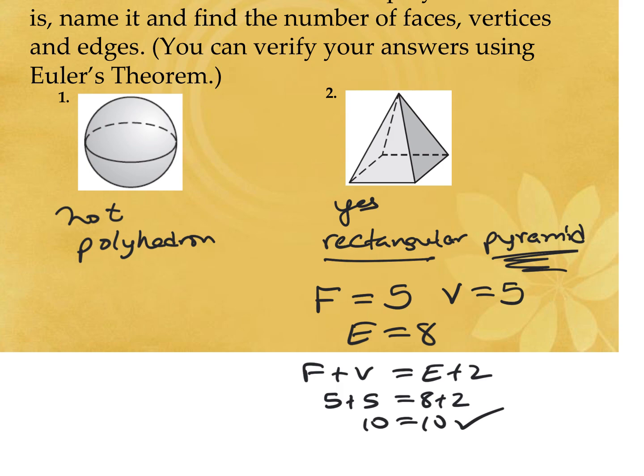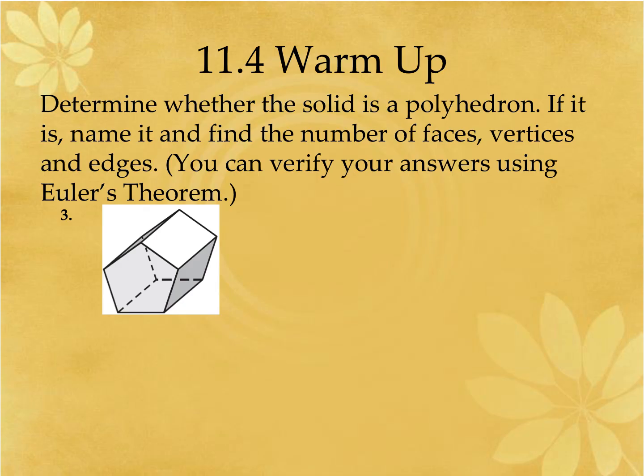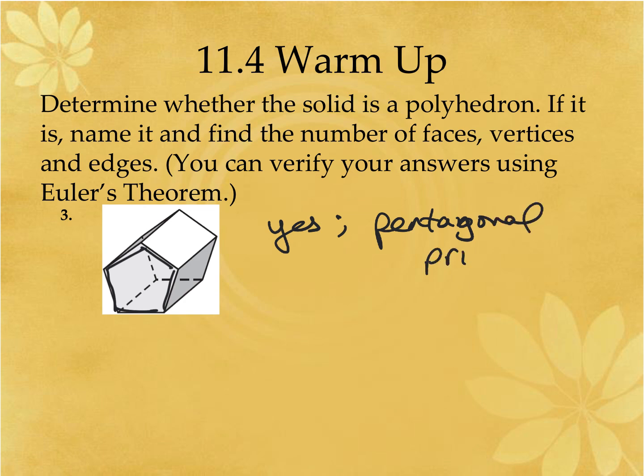And then the very last example. This is a polyhedron, so yes, it is. And the shape here, 1, 2, 3, 4, 5. This is a pentagonal prism. And then we're going to count the number of faces. There are 2 pentagon faces and 5 parallelogram or 5 rectangle faces, so 7 faces, 10 vertices, and 15 edges.